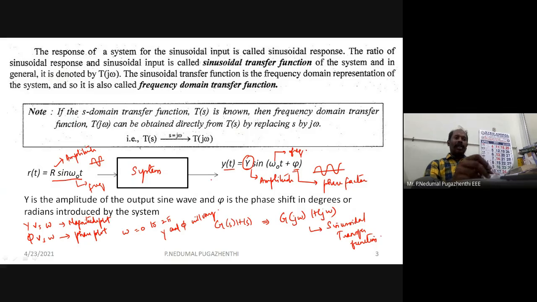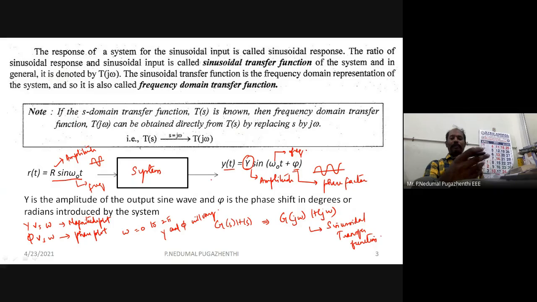So this slide provides you an idea about what is called a sinusoidal transfer function and what is a frequency response. A response obtained from the system by varying the frequency from 0 to some other value. It has some limit, that frequency limit has to be applied. So when omega varies from 0 to 2 pi or pi or multiples of pi, you are able to get some variation in the magnitude as well as the phase.